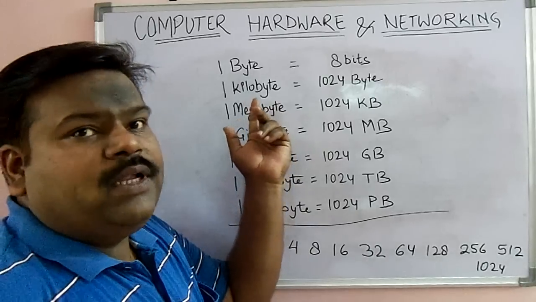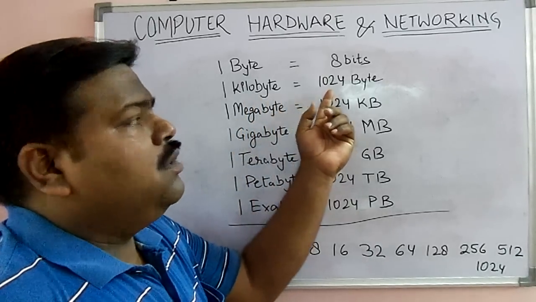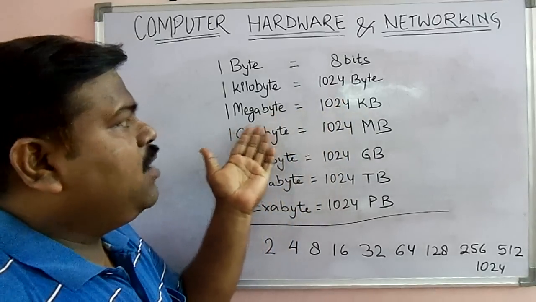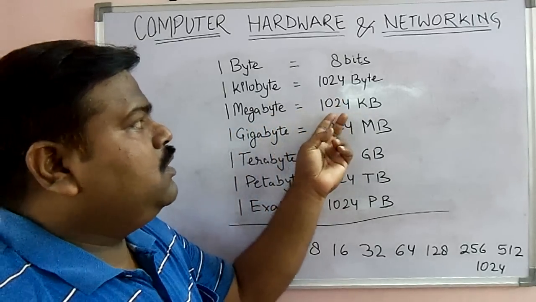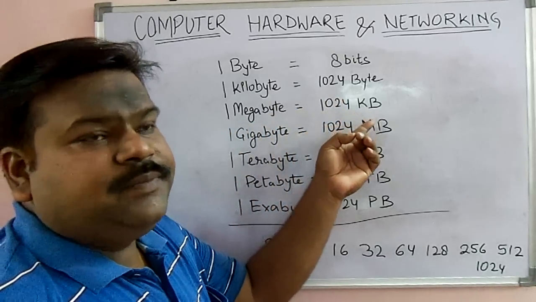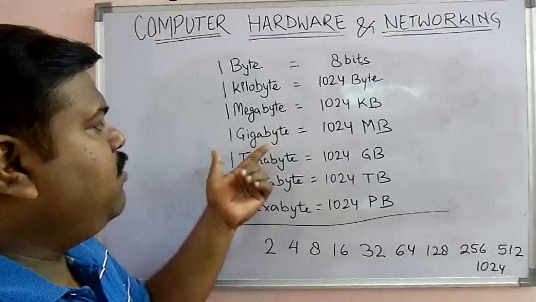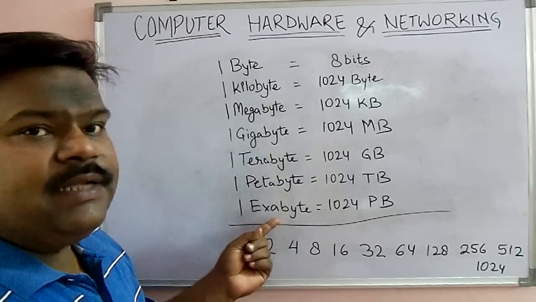Likewise, 1 kilobyte is equal to 1024 bytes, and 1 megabyte is equal to 1024 kilobytes. Likewise, gigabyte, terabyte, petabyte and exabyte.